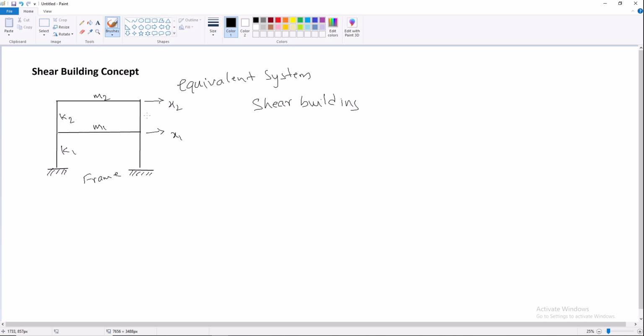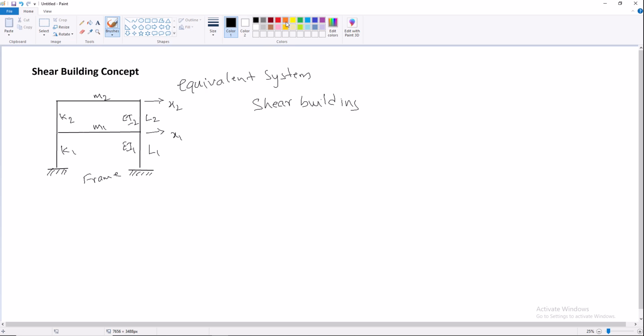So this column has L2 length and this column has L1 length. L1 and L2 may or may not be equal, and Young's modulus of the elements is similar, but the moment of inertia of the section may be different. That is why I take EI1 and EI2.